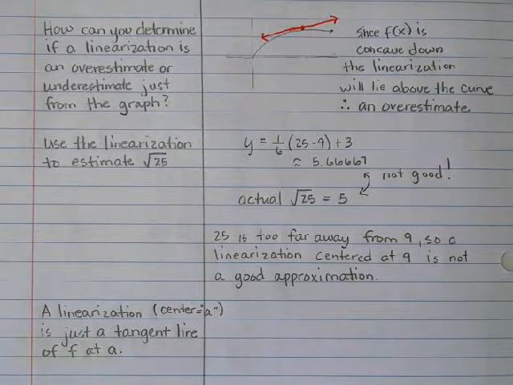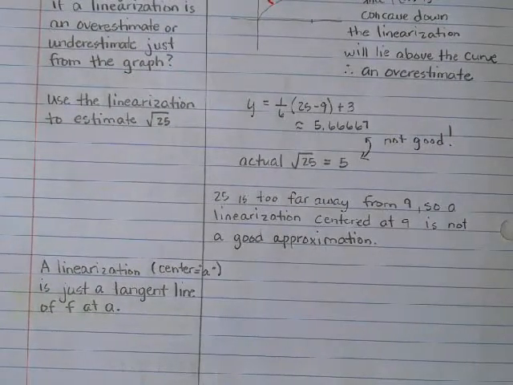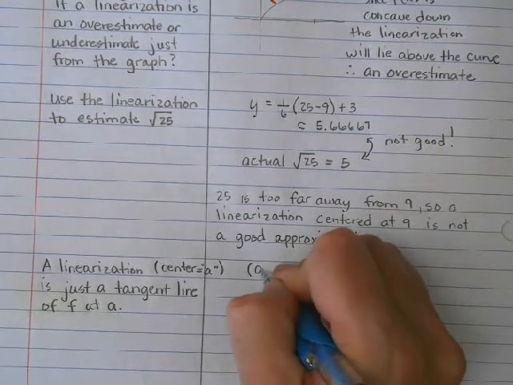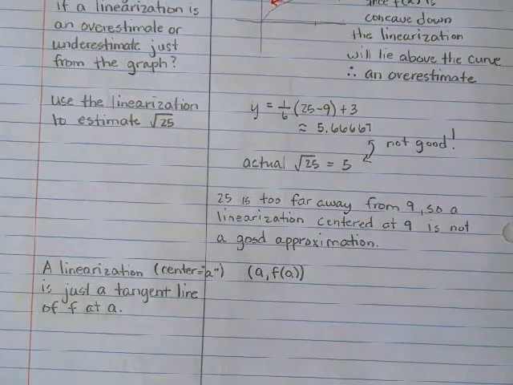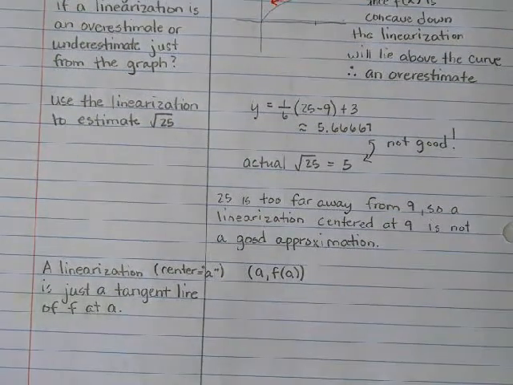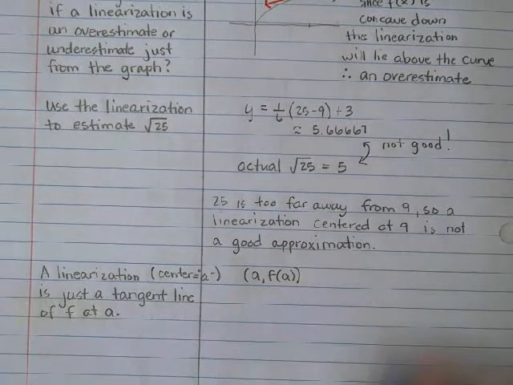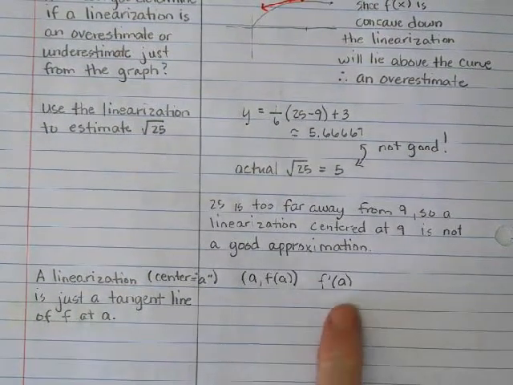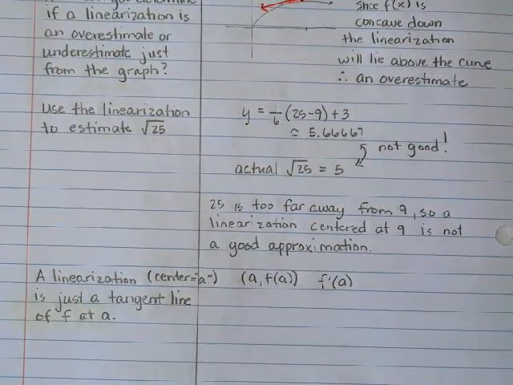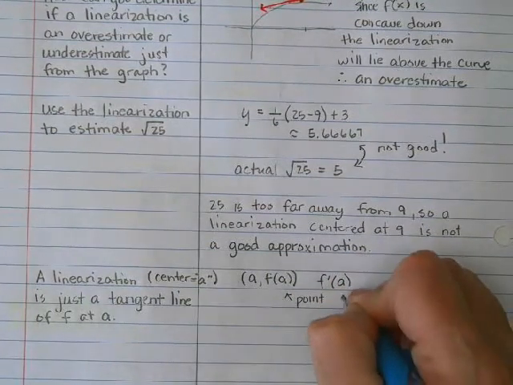Okay, so think about if we have a tangent line and we've got some point A. Well, we know that there would be a point A, f of A. And what would be our slope of the tangent line at A? How about f prime of A? Because we said that the slope is just the derivative. So here's my point, here's my slope.